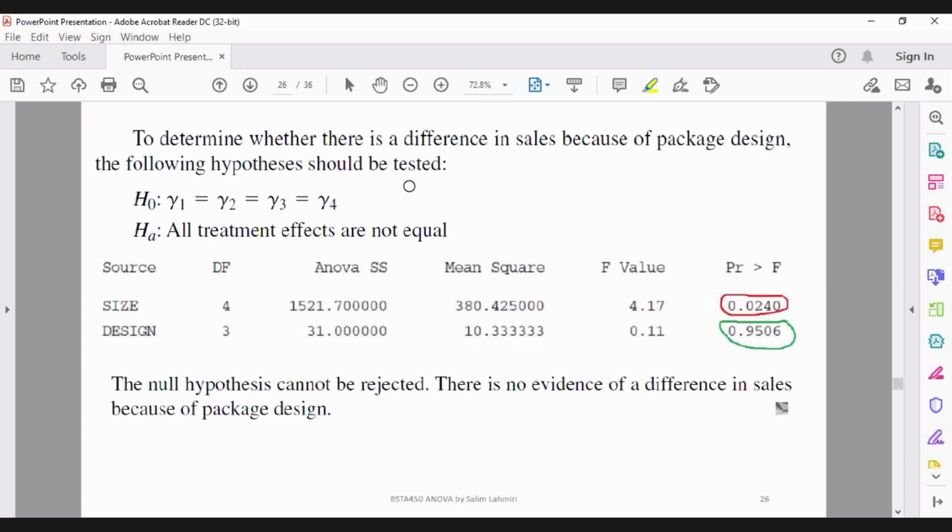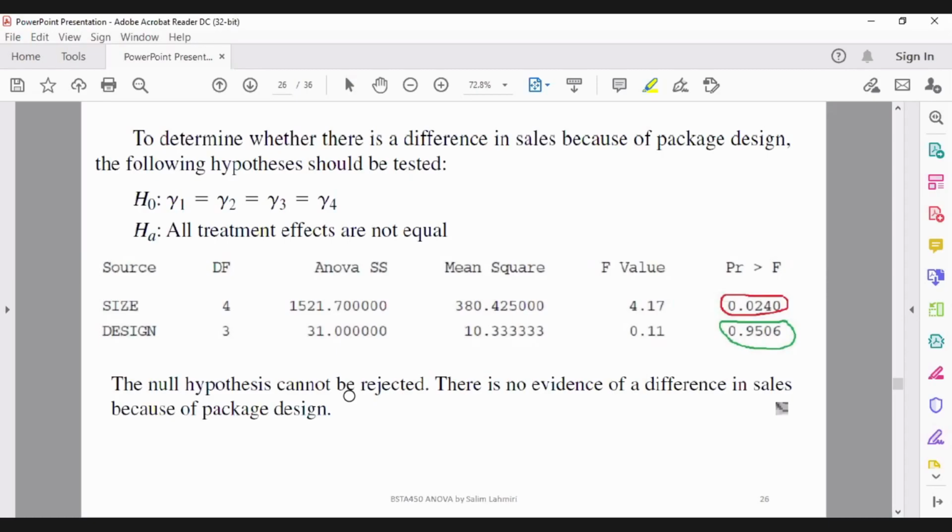So we have determined whether there is a difference in cells because of package design. H0: the mean in package 1 is equal to the mean in package 2, is equal to the mean in package 3, is equal to the mean in package 4. The alternative: not all treatment effects are equal.